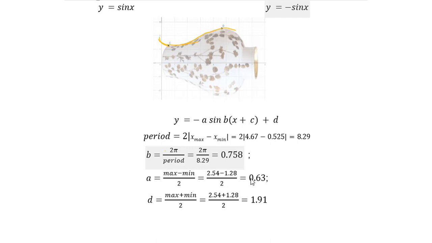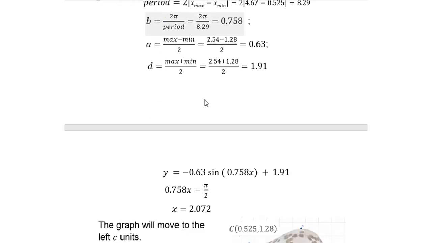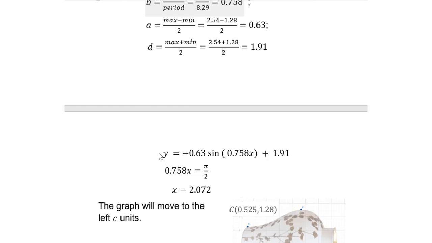You will get 0.63. For this D, basically this is a midline. You will get maximum plus minimum over 2. That is 1.91.